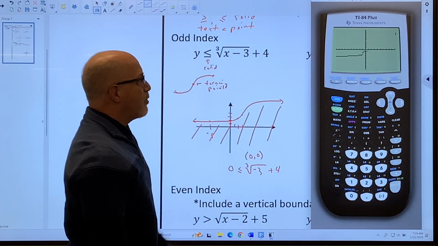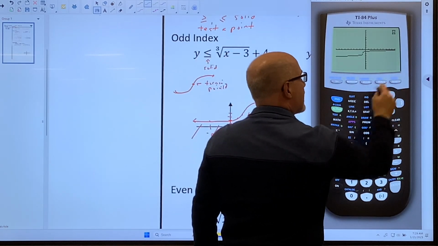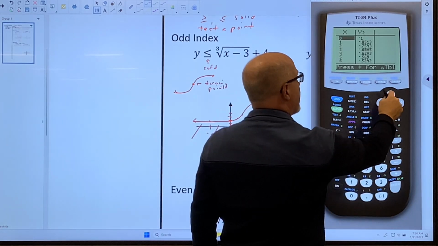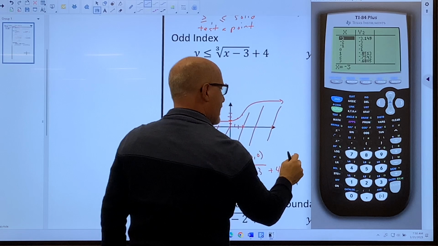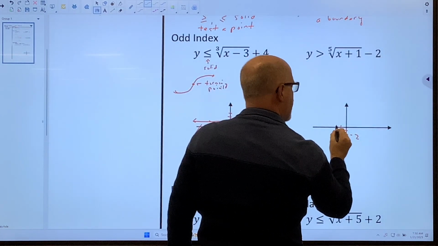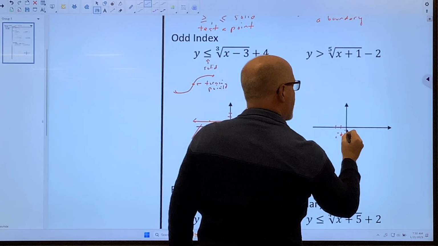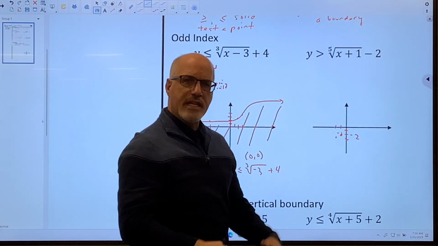Notice that this turning point is right there at -1, -2. And if we look at the table, we get some other points, like it goes through 0, -1 and -2, -3. And if you need to, you could get a table with some more values.